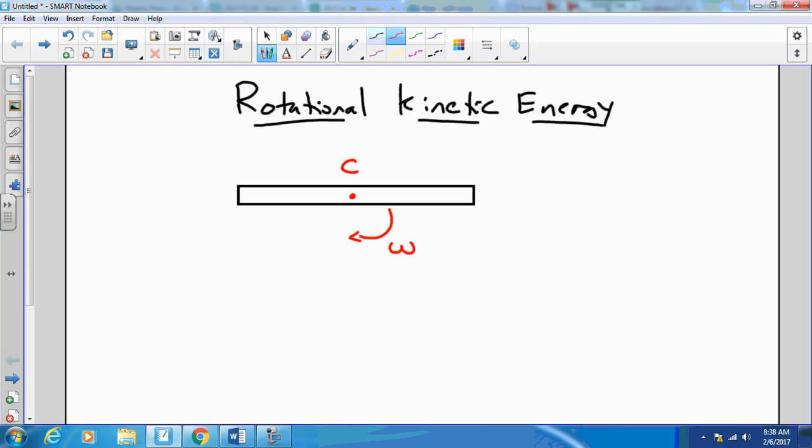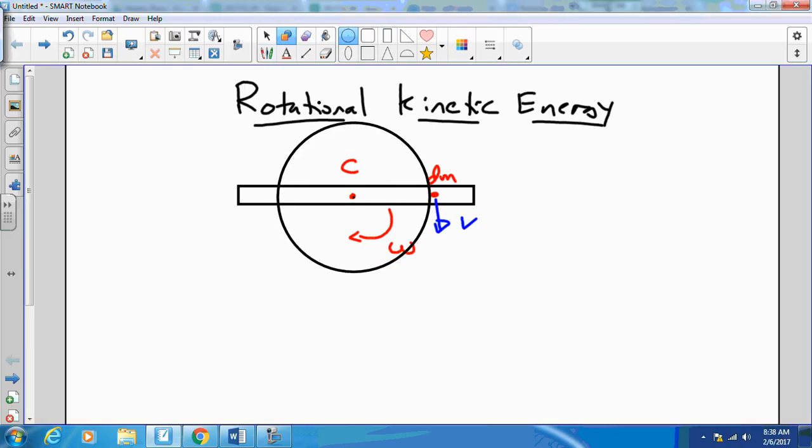So let's take a representative piece dm right here. Because dm is rotating about the center C, it has a speed. At any given instant, its velocity vector is going to be tangential to its motion, since the motion of dm is in a circle.